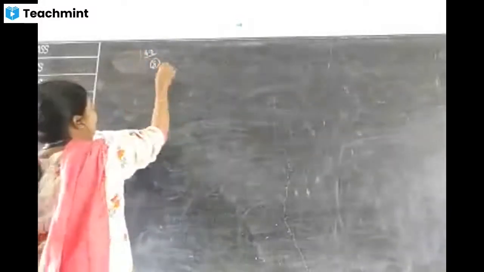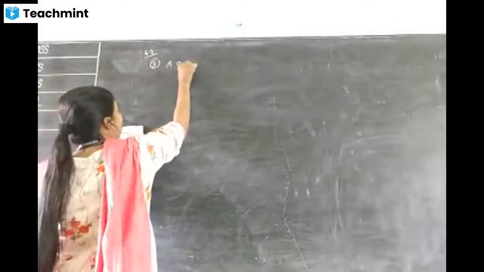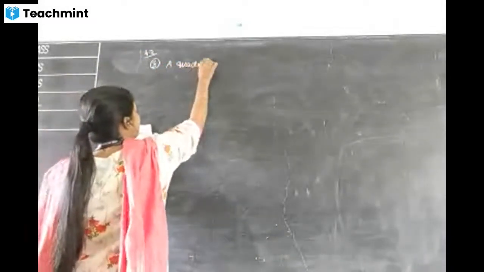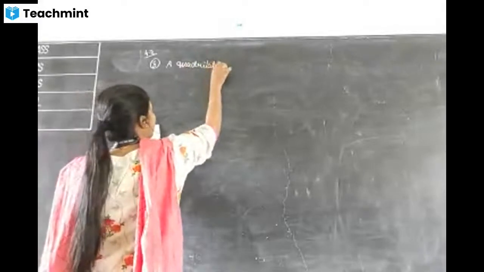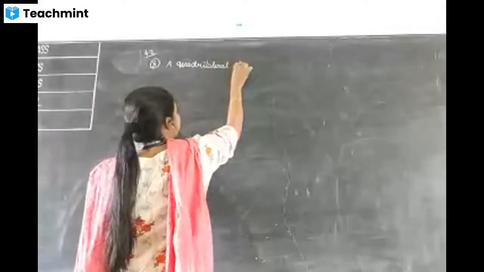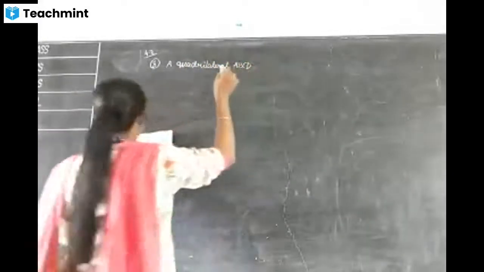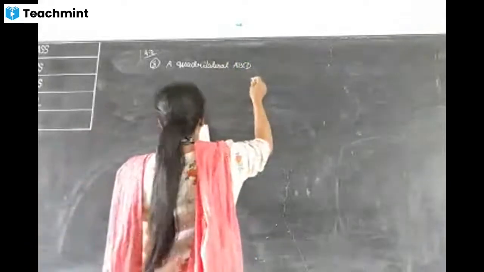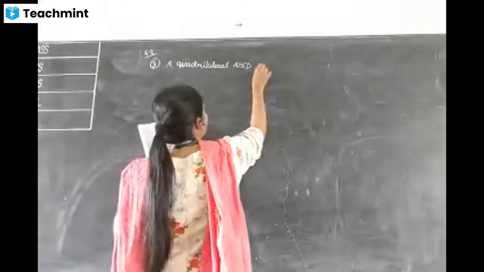A quadrilateral ABCD drawn to circumscribe a circle.